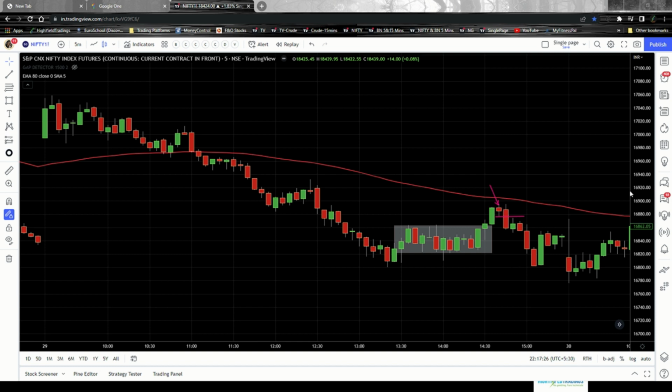So indicator, according to me, gives a very good clarity. It defines many things. The only thing is you need to know when and where to use a particular indicator. In this case, we are using an exponential moving average. Okay, 80 EMA is just an example. If you're comfortable with 20 EMA, which is very famous, or if you are comfortable with 50 EMA, which is again very famous, you can use those as well.